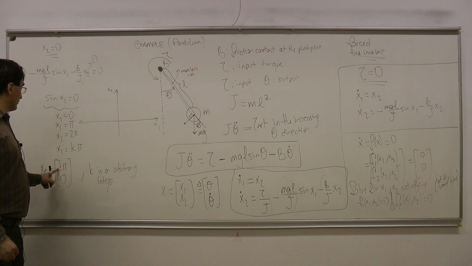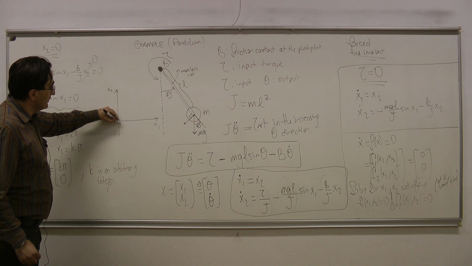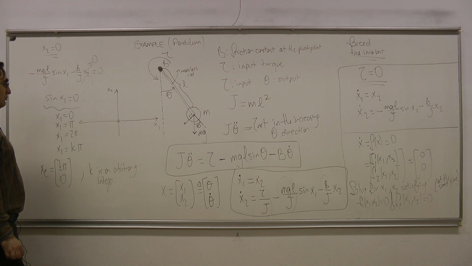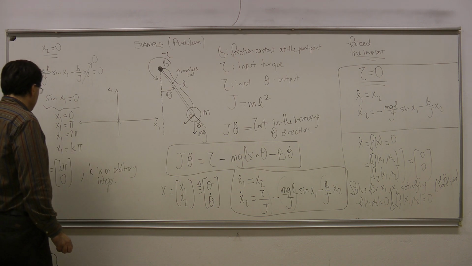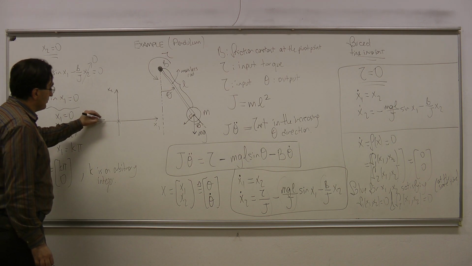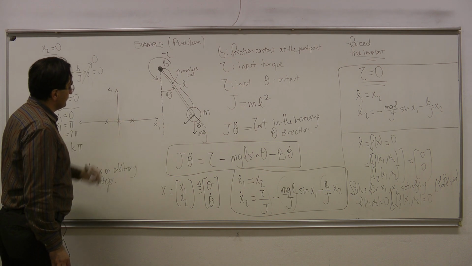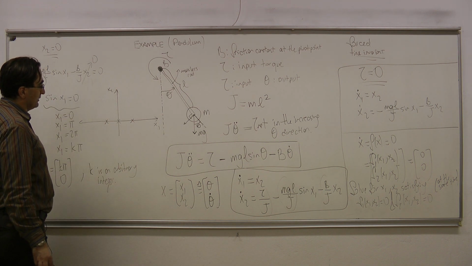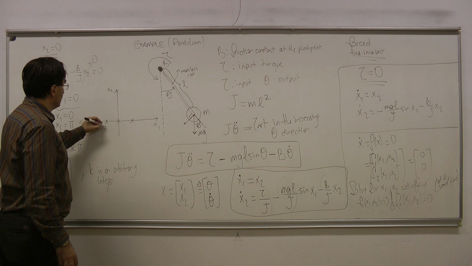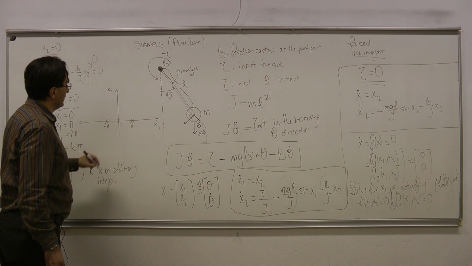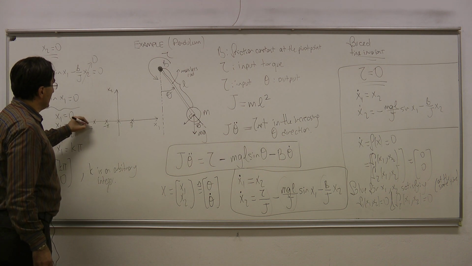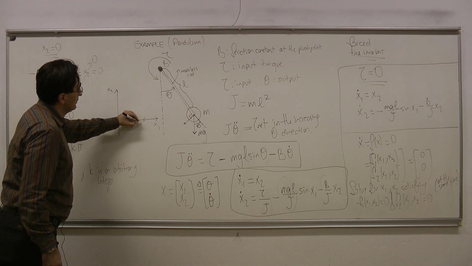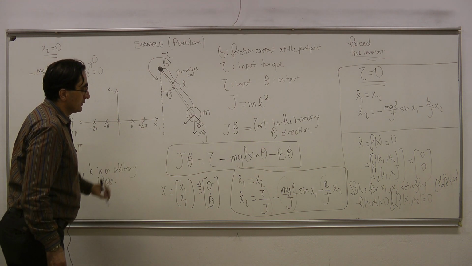If k is equal to 0, I have 0, 0 as the first equilibrium point. And if k is equal to 1 or minus 1, I would have these points. x2 is always 0 at an equilibrium point. So this is minus pi and pi here. And I would have minus 2 pi and plus 2 pi here.